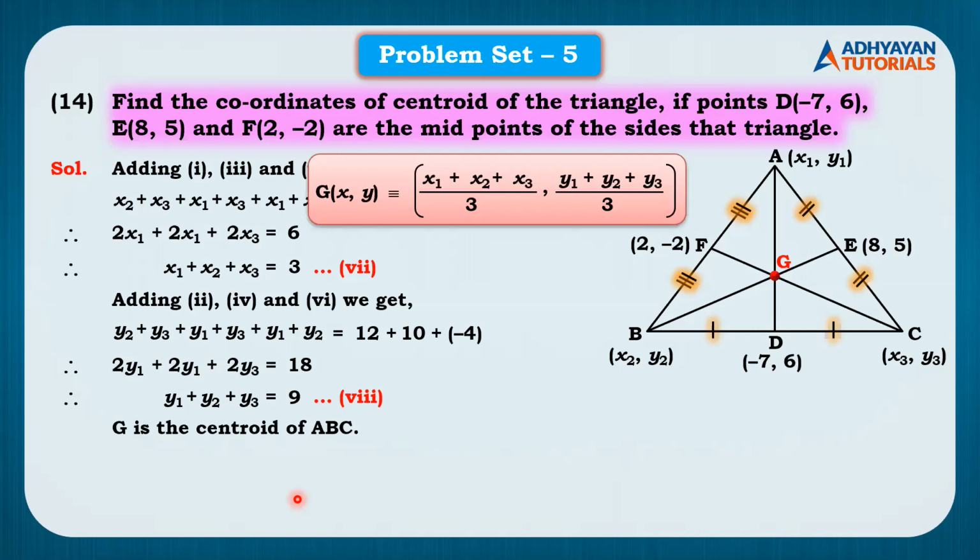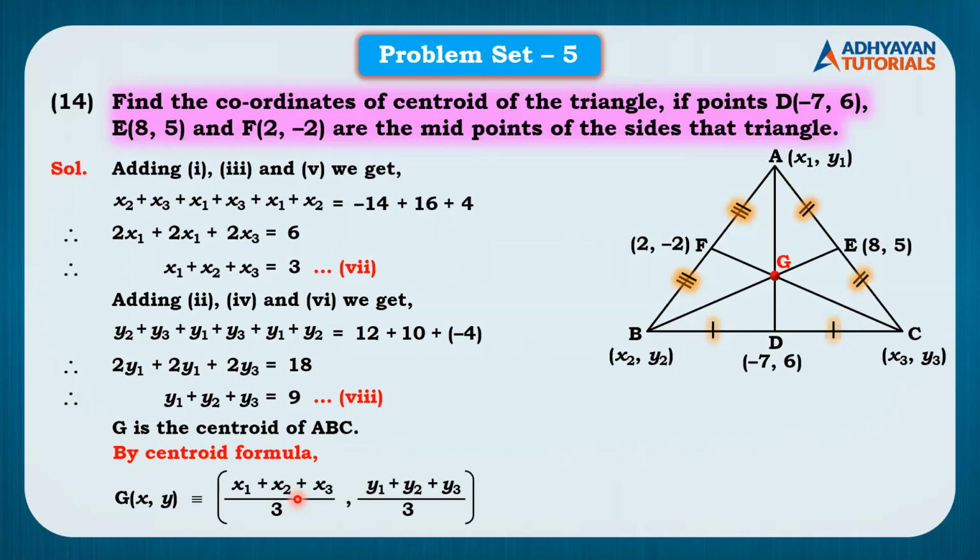तो दिस इज सेंट्रॉइड फॉर्मूला, वी ऑल नो. सो बाय सेंट्रॉइड फॉर्मूला G(x, y) coordinates would be x1 plus x2 plus x3 upon 3, y1 plus y2 plus y3 upon 3. Now students, the sum is very easy.